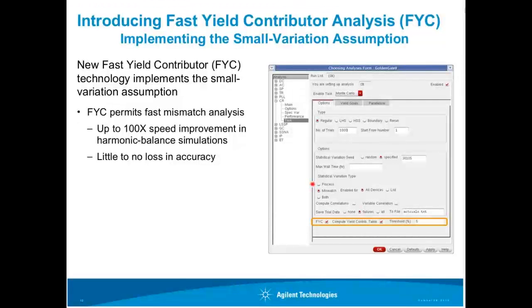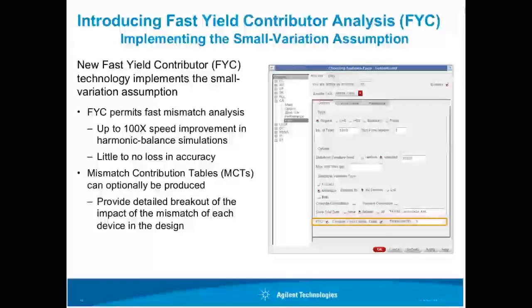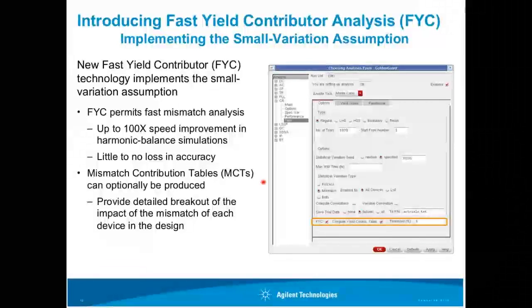But that's not a topic for today. And secondly, we can produce this mismatch contribution table. So there's the option to provide, in addition to the normal Monte Carlo results, this additional mapping between your devices in your design and the figures of merit that you care about.